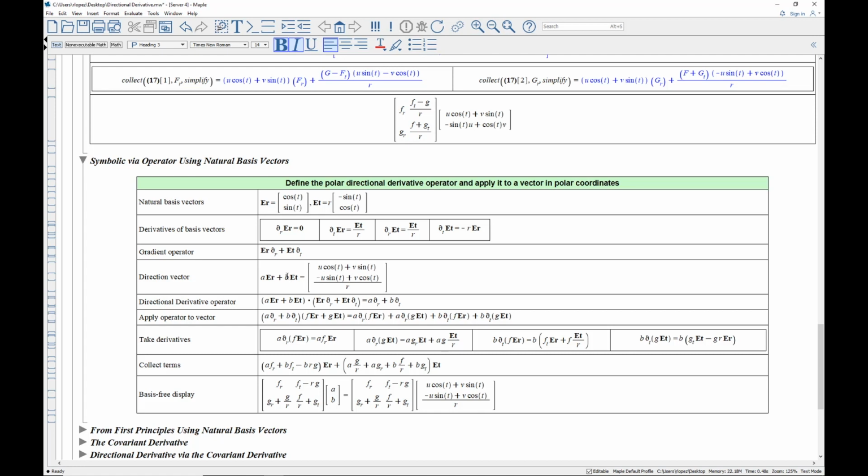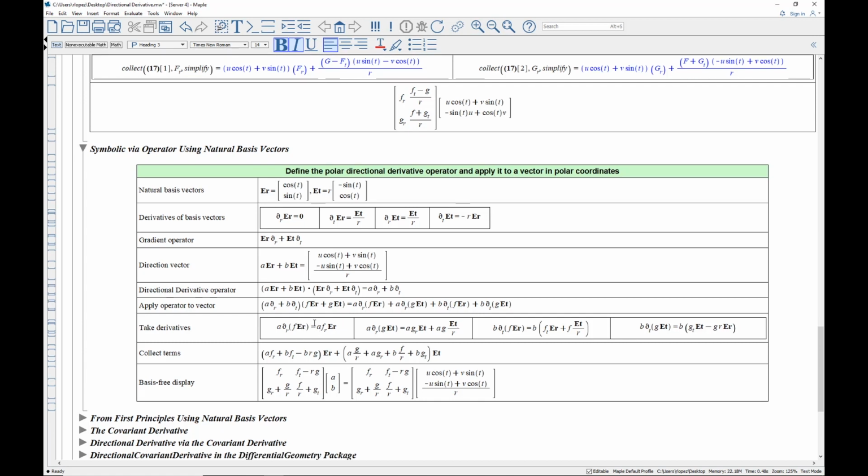So this b is this second component, but it's divided by r. So now take direction vector dot gradient operator: er dot er survives, e theta dot e theta survives, so you get a partial r and b partial theta. Apply that to a vector, a partial r, b partial theta. Vector, we'll call it f er plus g e theta.